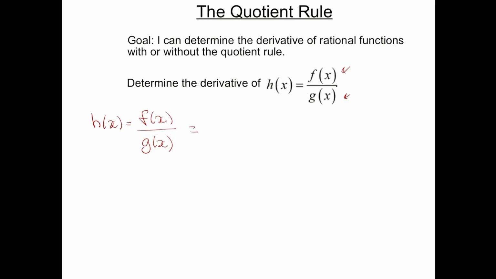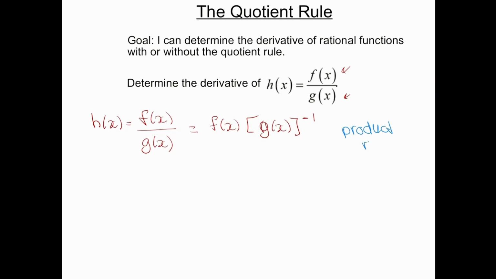So we could rewrite this, and we could rewrite it as the product rule. So this would equal f at x times g at x to the -1. Means the same thing. I haven't done anything different here. Haven't changed it numerically or mathematically.